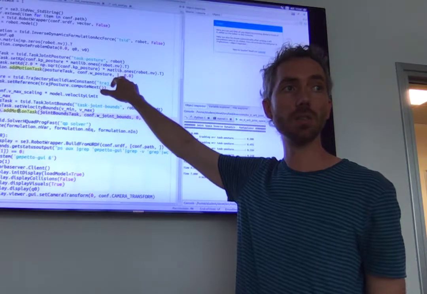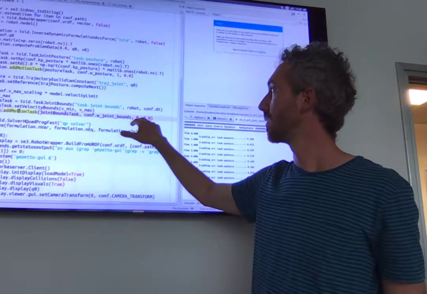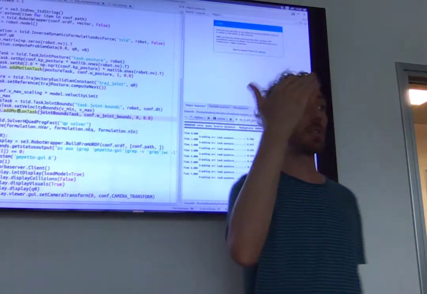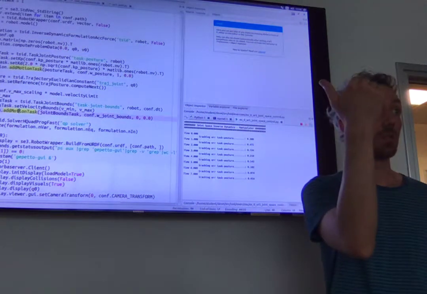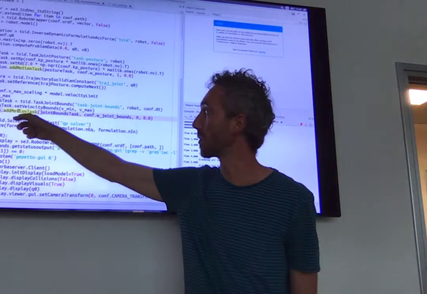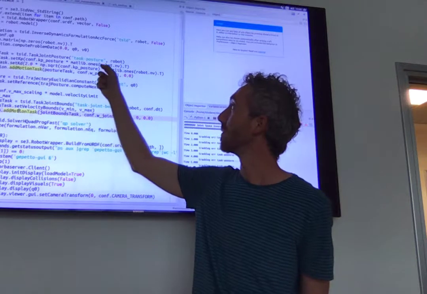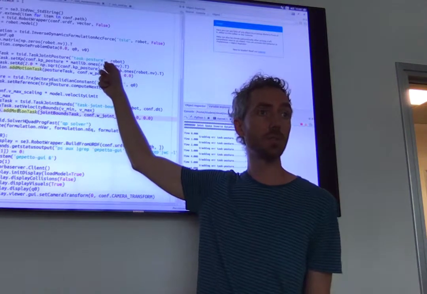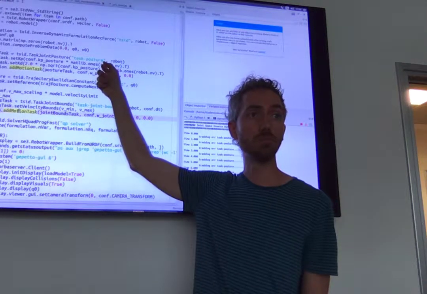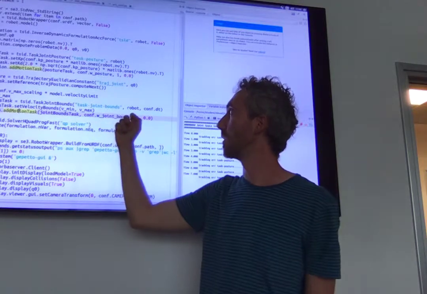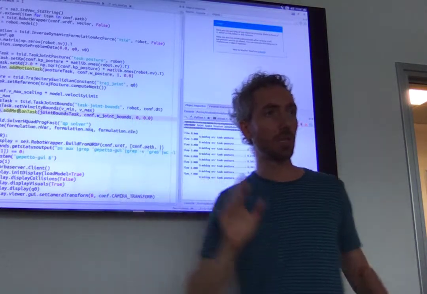So that's the priority level. 0 has a higher priority than 1, which means that this is going to be a constraint, this is going to be a cost, the cost function.